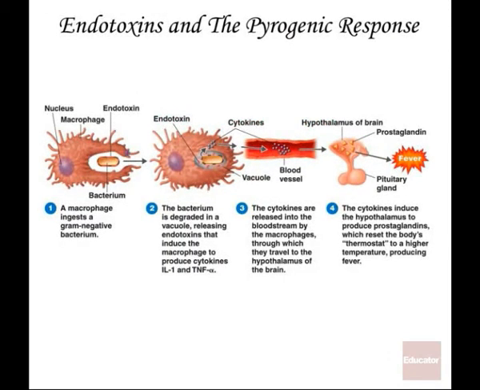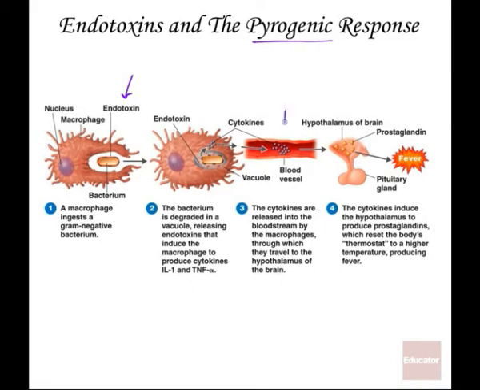So here are the endotoxins and the pyrogenic response. Now remember, pyrogenic refers to fever. We have the bacterium with the endotoxin on the outside being engulfed by a macrophage, and this endotoxin causes the macrophage to secrete high amounts of cytokines.